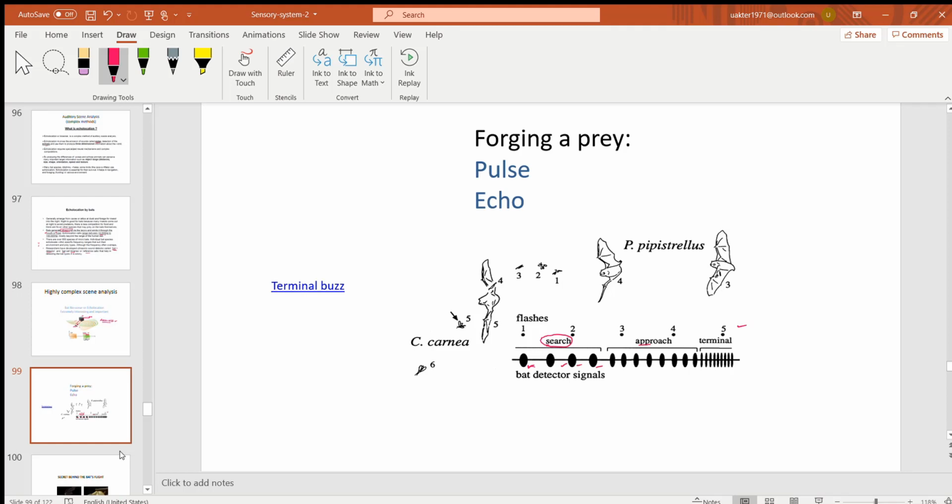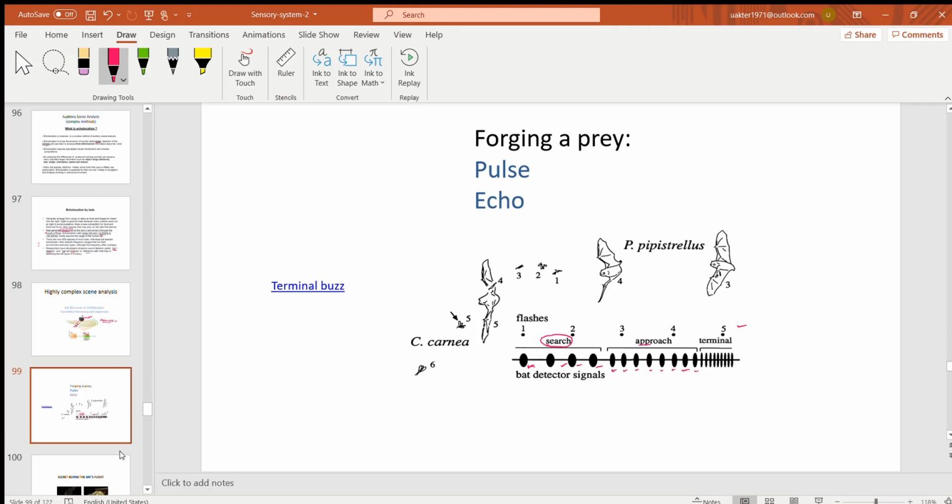So that is the next phase, and in this phase the bat will increase the number of pulses, and you see as the bat moves closer and closer to the prey, or the food, it gradually increases the number of pulses.